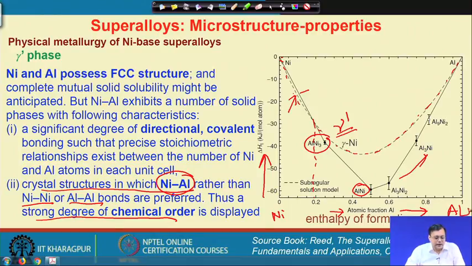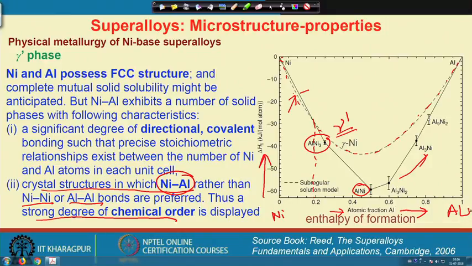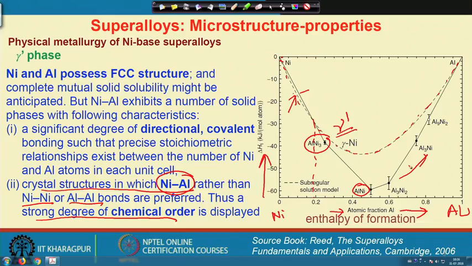Now, on the other hand, a complete mutual solubility is expected, because nickel has an FCC structure and aluminum also has an FCC structure. So, we should have a complete range of solid solubility, but it is not so in reality, because they form a wide range of different compounds, and there is some sort of directionality of bonding.